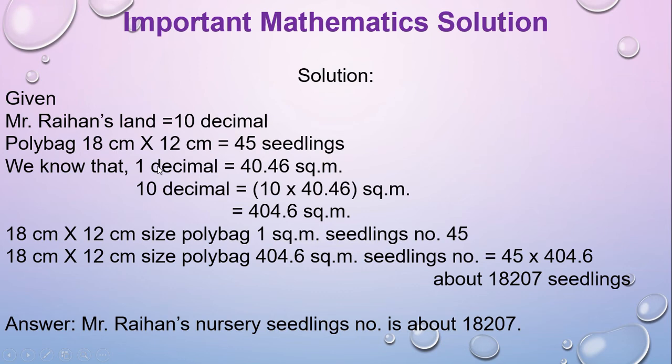So we know that 1 decimal equals 40.46 square meter, but our given is 10 decimal. So you have to multiply 10 by 40.46 square meter. Then we can get the actual land, which is 404.6 square meter. Now for 18 centimeter into 12 centimeter size polybag, for 1 square meter seedlings should be 45.